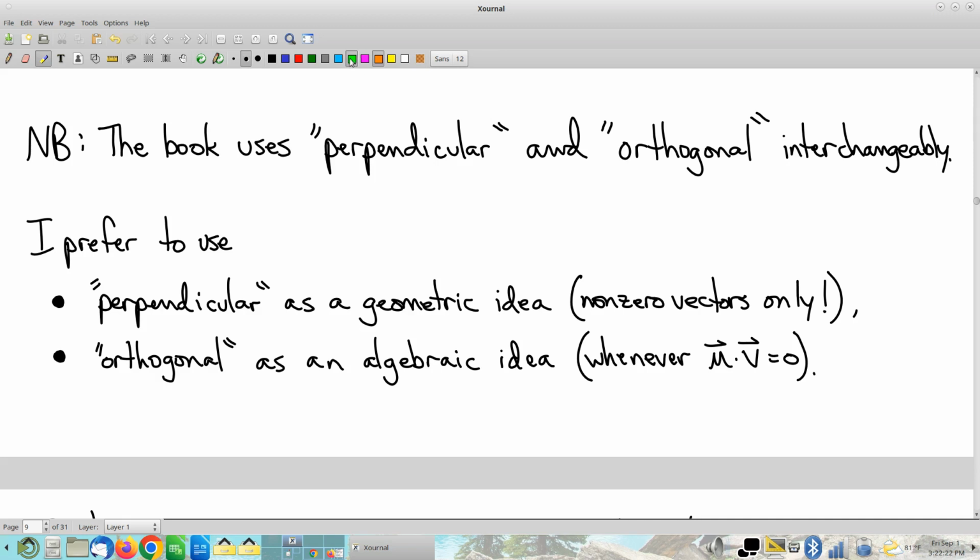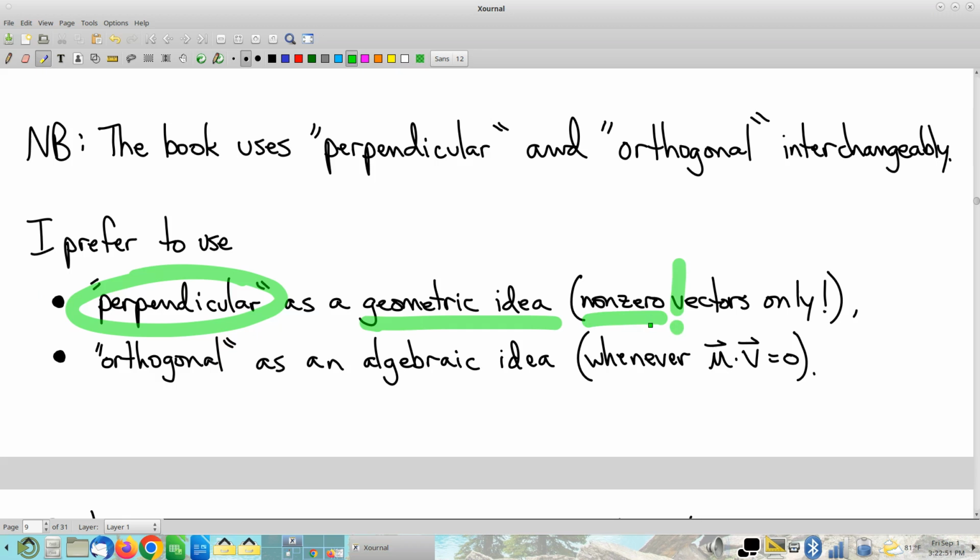Let's talk first about this geometric idea of there being a right angle between two directions. For example, two vectors, right? Well, if there's a right angle in between them, that's geometrically interesting. We need a word for that. I think perpendicular makes loads of sense. Notice, though, that this only makes sense at all if the vectors are non-zero.